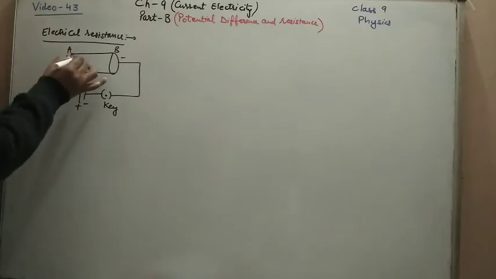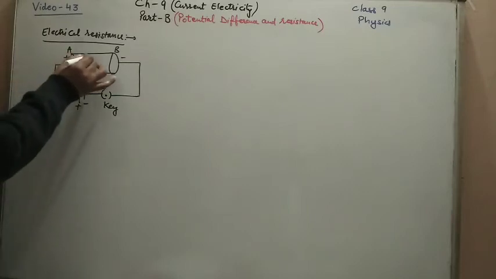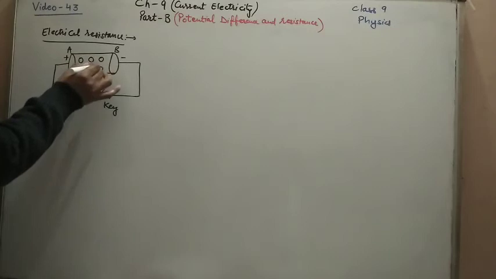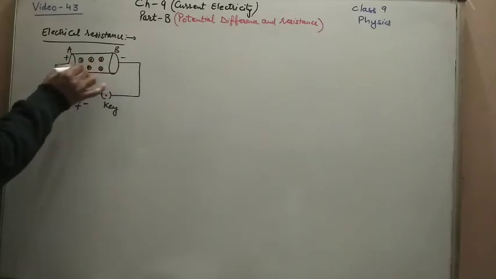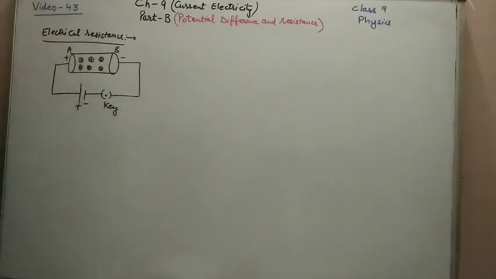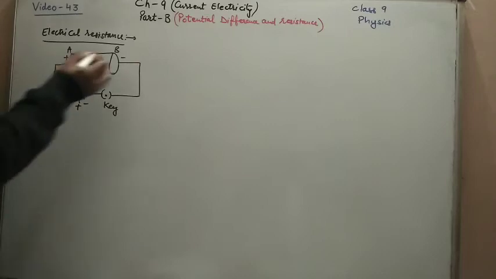So inside this, certain atoms and ions positions are there, which are a kind of obstruction for the flow of electrons. So I am going to represent the electrons' position with this dot.